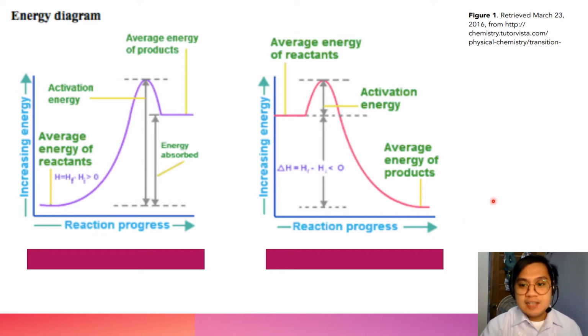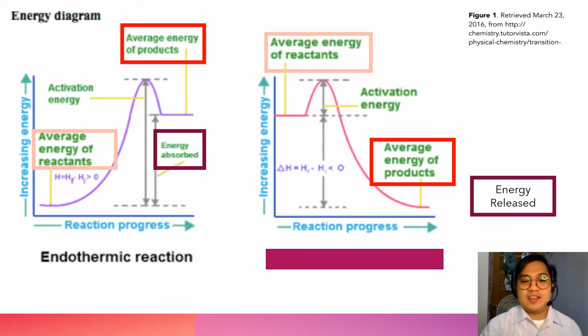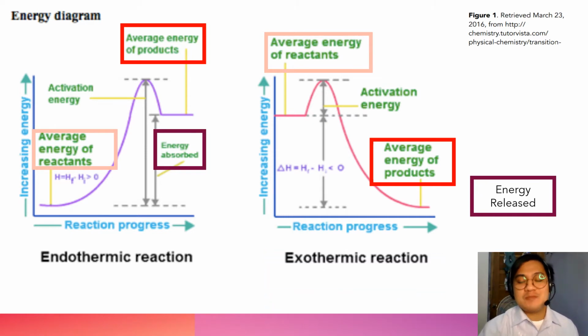Therefore, there is an energy release. If we identify these two diagrams, it will be the following. This diagram, as you can see, will be the endothermic reaction, while the other diagram is the exothermic reaction.